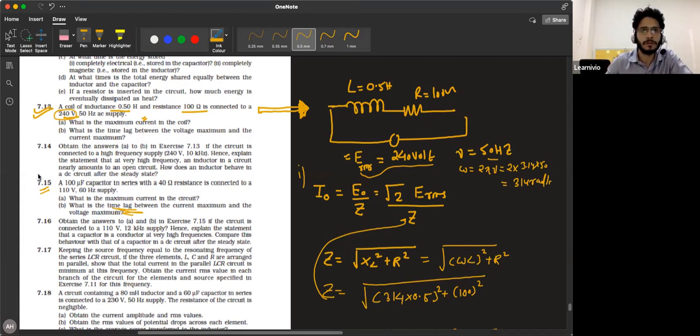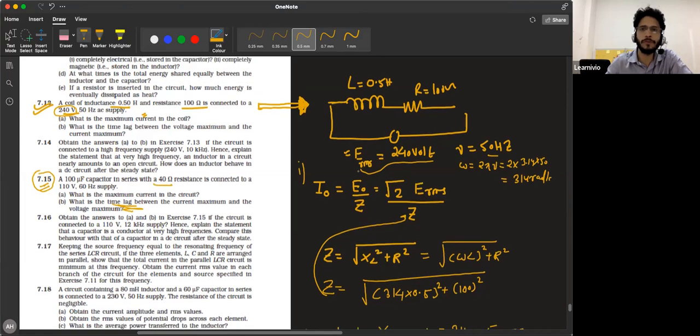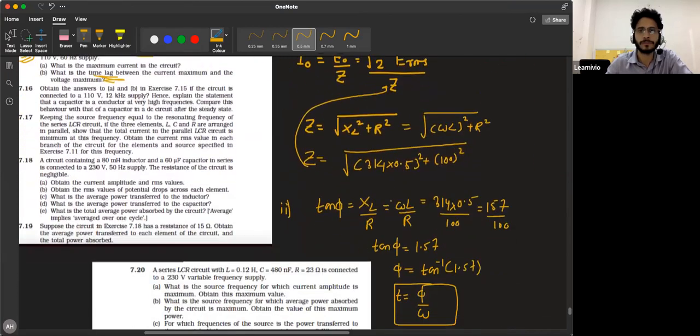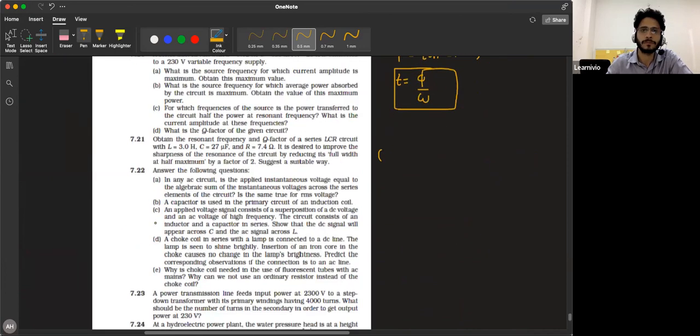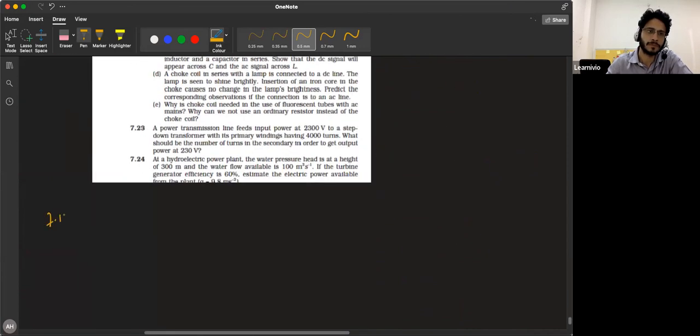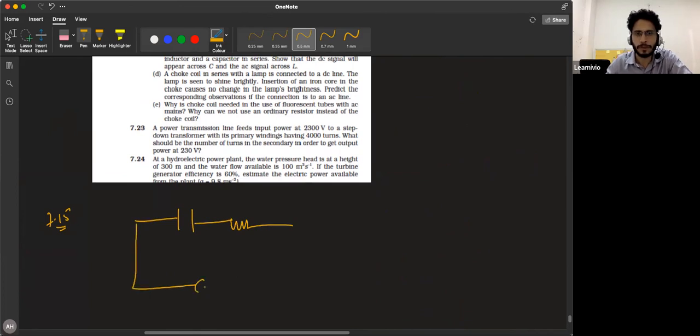The next is 7.15. So which circuit is this, Anshika? RC circuit. So you have a capacitor and you have a resistor in series. And you connect this to an AC supply. What is the value of capacitor?